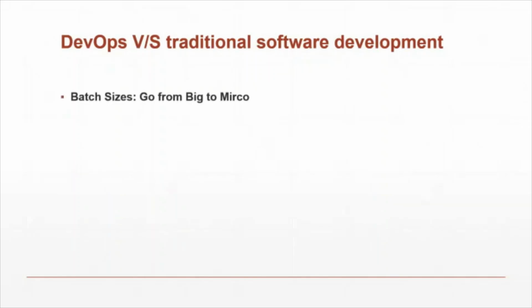When we compare DevOps with traditional software development, batch sizes go from big to micro. In traditional software development, most development uses the waterfall method, and it takes a lot of time and releases are costly and disruptive. Planning a big project involves a lot of code, so when we bundle it into a release, it will jam into production.